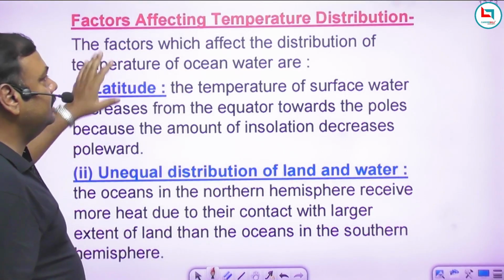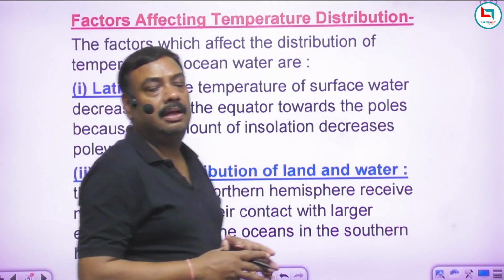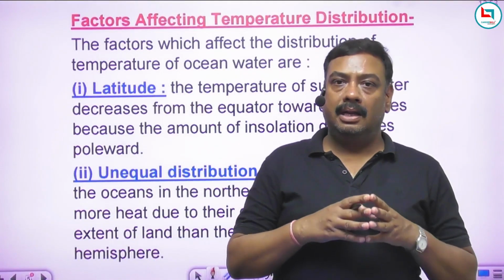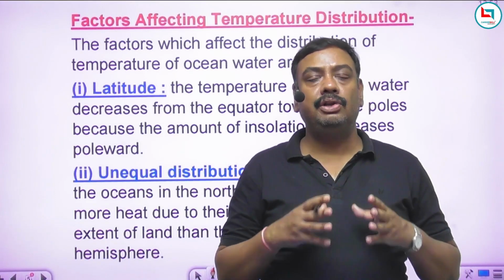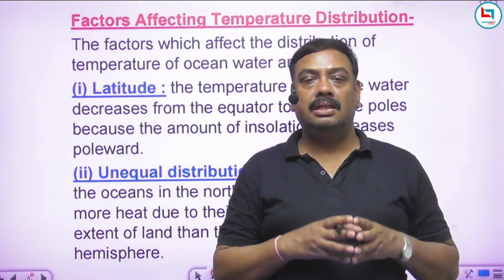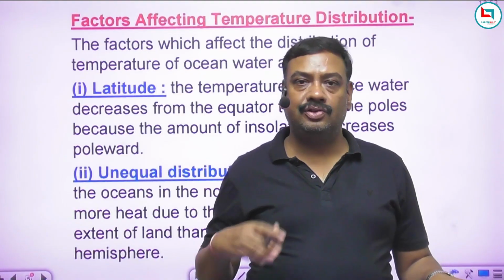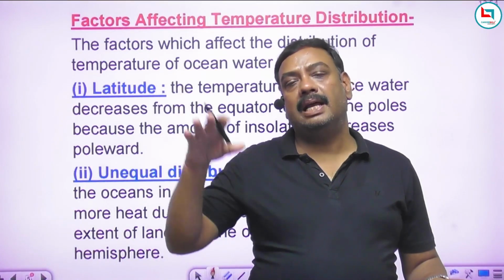Okay. Now come to the factors which affect the temperature distribution. What are those factors on the basis of which we can see that the temperature in the ocean water is not uniform everywhere? Why is this temperature not found uniform everywhere? It is changing in the horizontal manner as well as in the vertical manner.